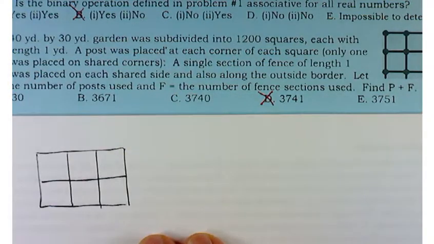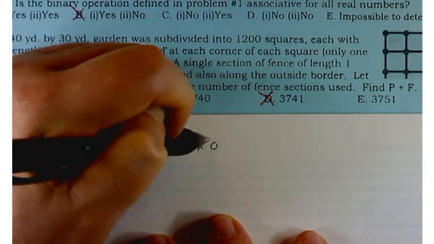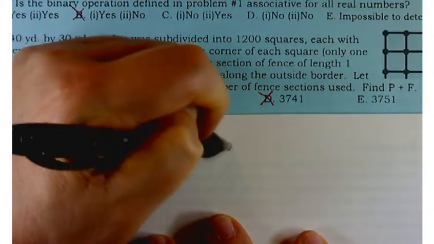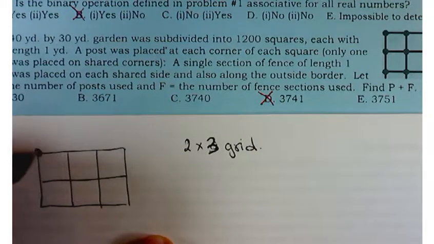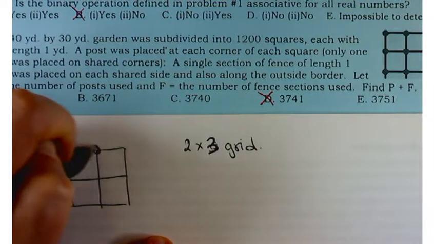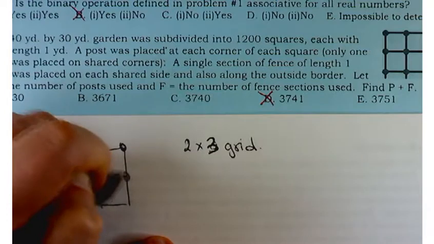I have a 2 by 3 grid. And I want to count first how many posts I'm going to have. So those are the big dots at the intersection. Oh, I can even draw them. That doesn't take long.